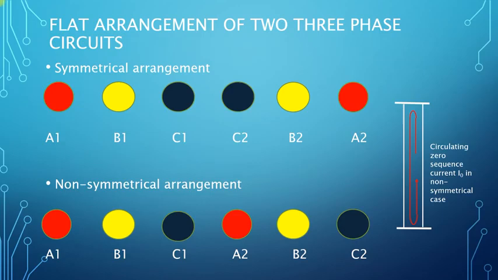And with such a symmetrical arrangement, when we calculate the currents in circuit 1 and determine their sequence components, and we calculate the currents in circuit 2 and determine their sequence components, we will find that with this symmetrical arrangement there is no apparent zero sequence current circulating around the 2 parallel 3-phase circuits.